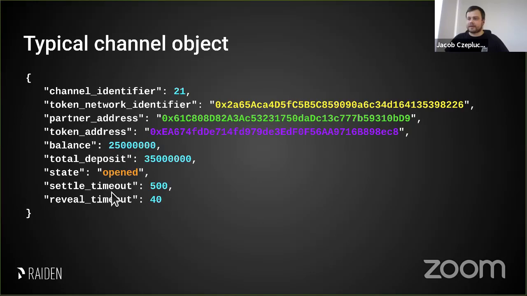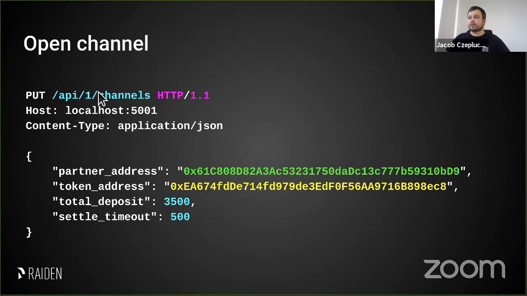Then there's the settlement timeout, or settle timeout. This is the period of time after you call close in which your counterparty can provide his last received balance proof. And the reveal timeout is for these secrets, because we use these hash locked messages. So this is just the timeout on revealing.